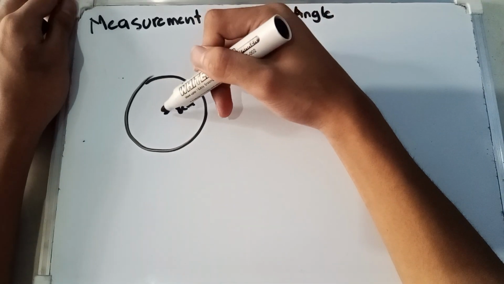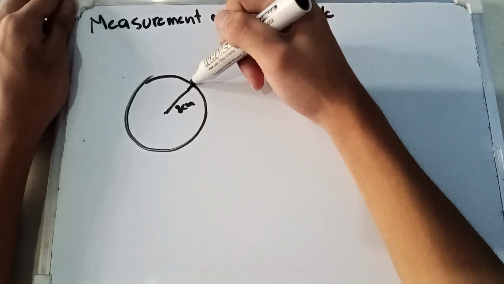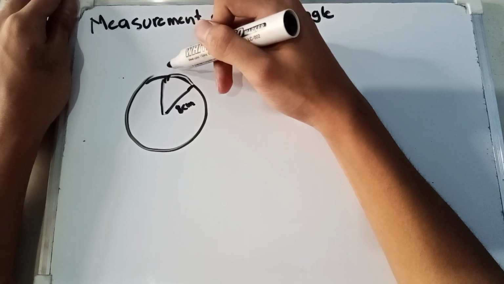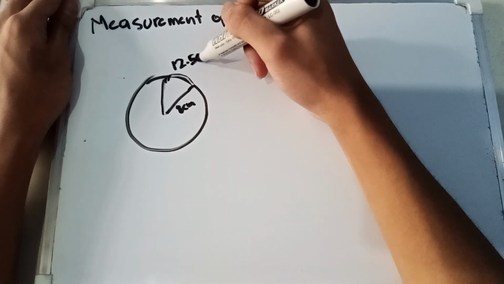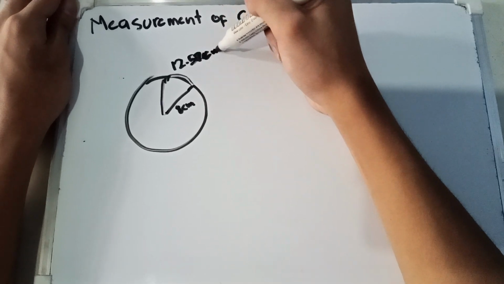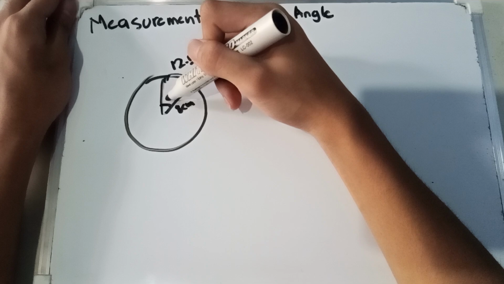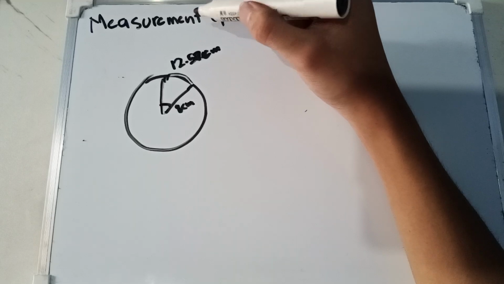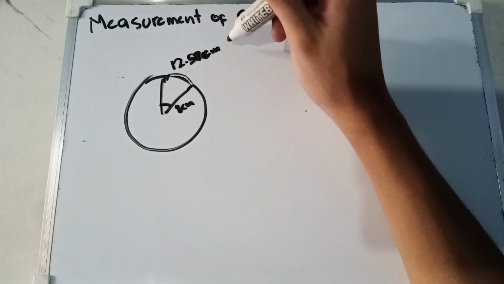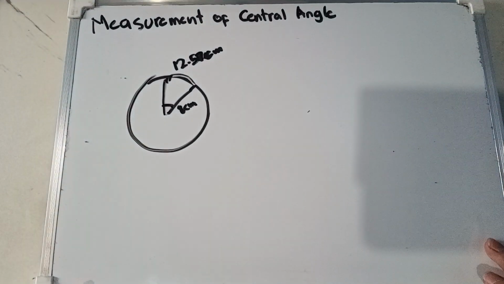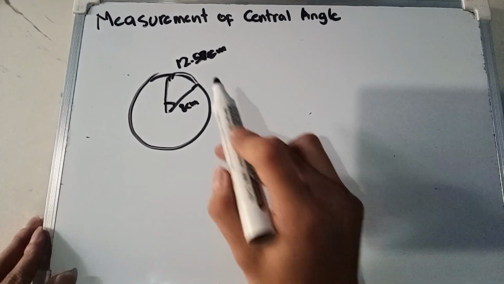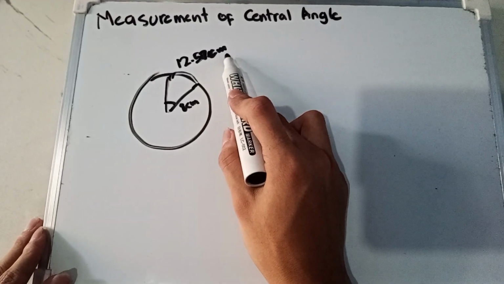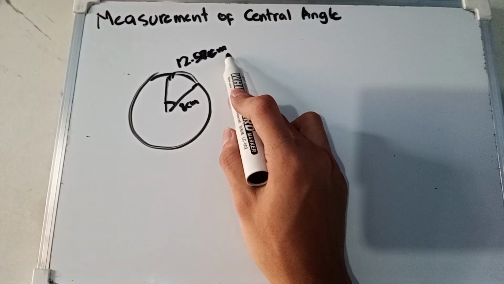So it has 8 centimeters, and the arc length intercepted by the arc is 12.57 centimeters. Now the difference is the given is not in the form of degrees, it is in the form of length or centimeters.